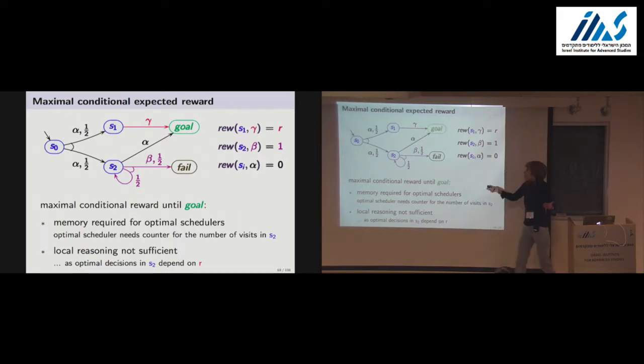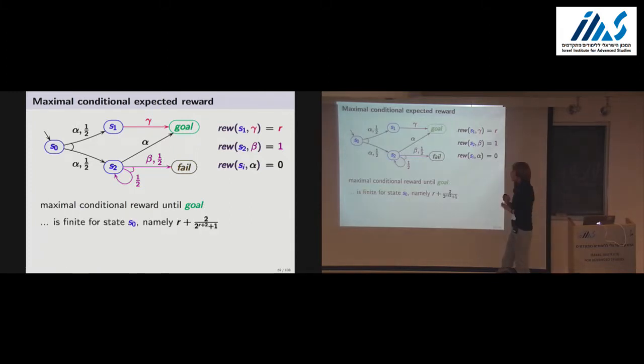So maximizing the conditional expectation is a global property, and local reasoning in this sense is not sufficient. Well, and there is another observation here. Altogether, the maximal conditional expected reward from the initial state S0 is finite. So it is this value here.